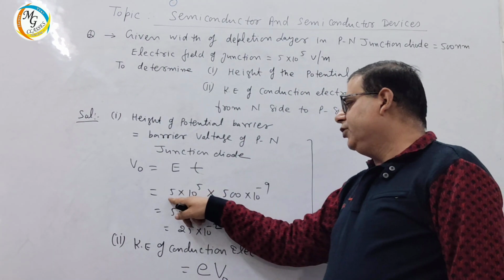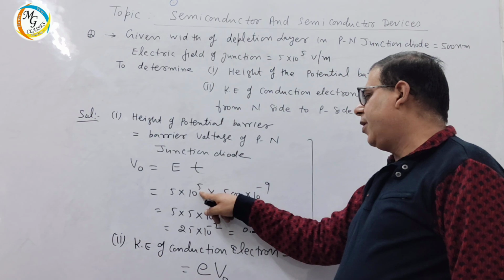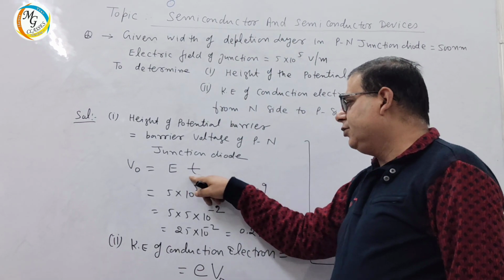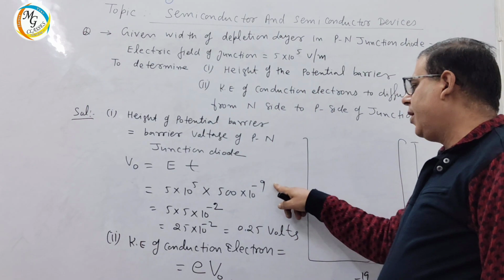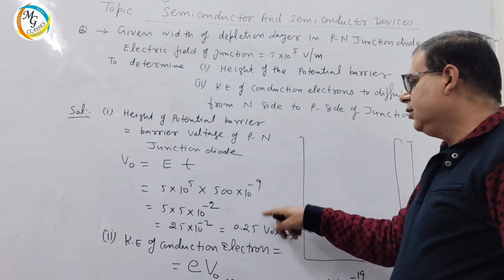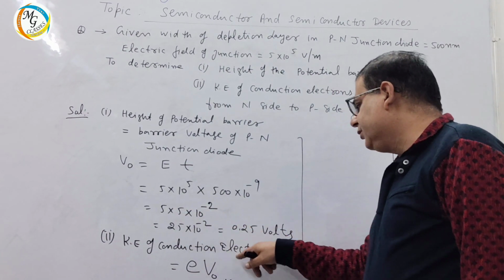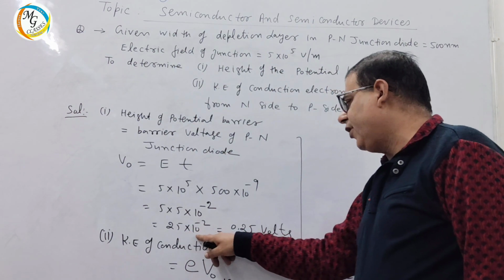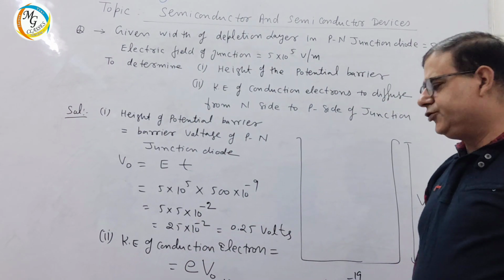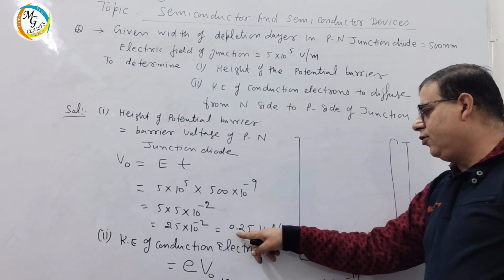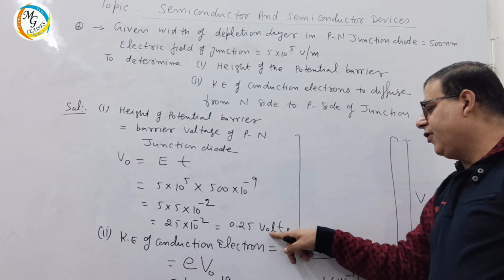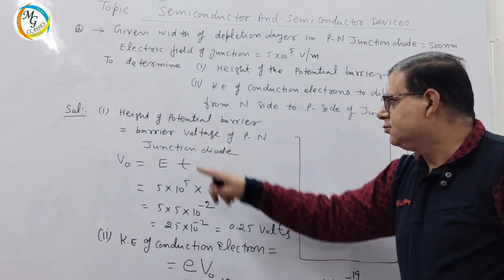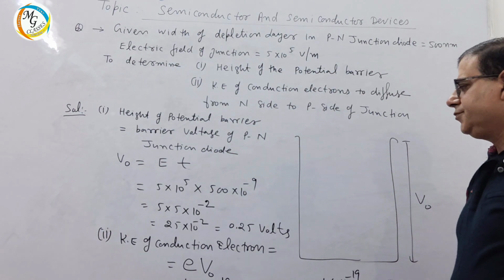So putting the values, electric field is 5 into 10 to the power 5, thickness of the depletion layer is 500 into 10 to the power minus 9, and on simplifying this we get 25 into 10 to the power minus 2, which is further equal to 0.25 volts. So this is the value of the potential barrier.